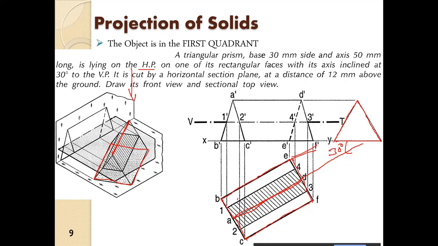Now once step 1 and step 2 are done, from B and C we project up to get B dash, from C we get C dash, from A we get A dash, and from D we get D dash. Then we draw the front view of the prism.